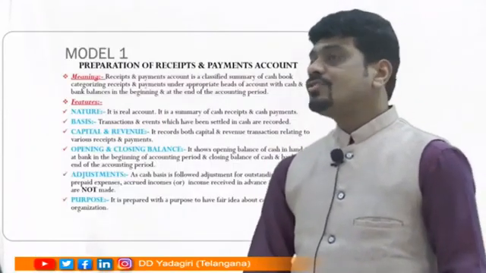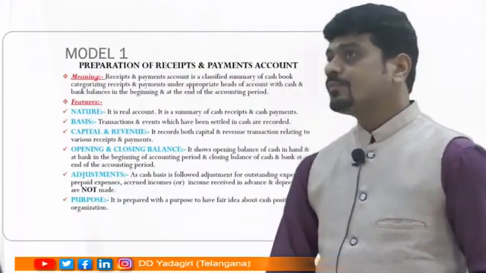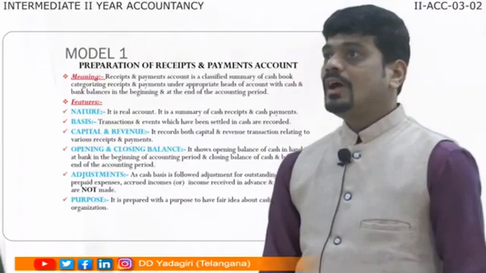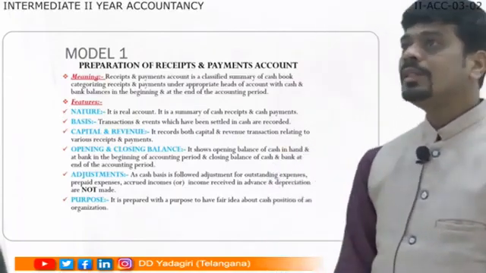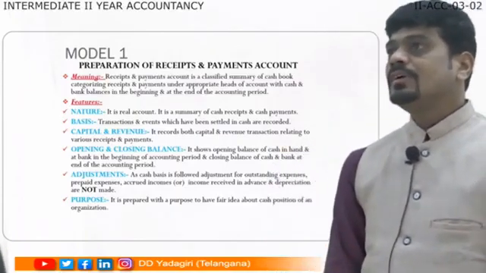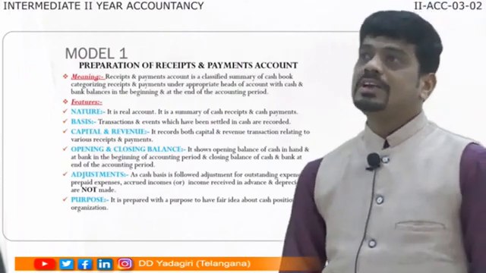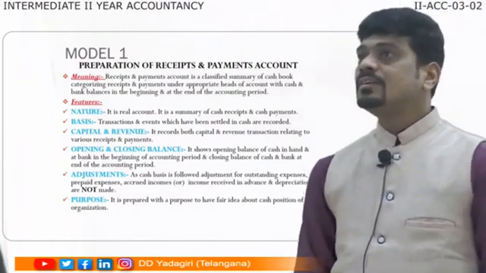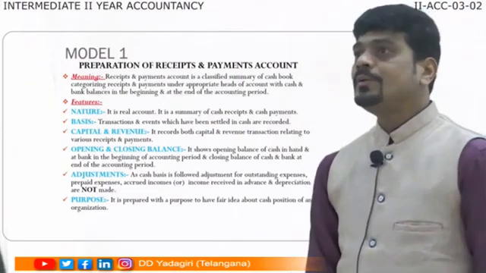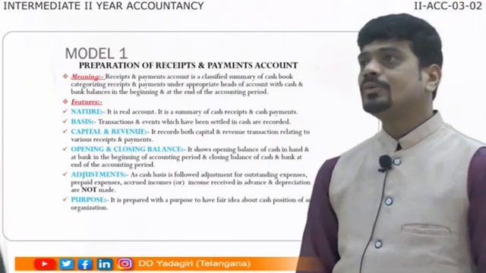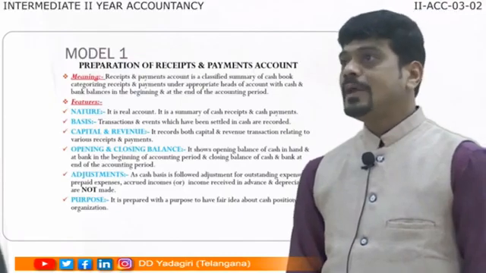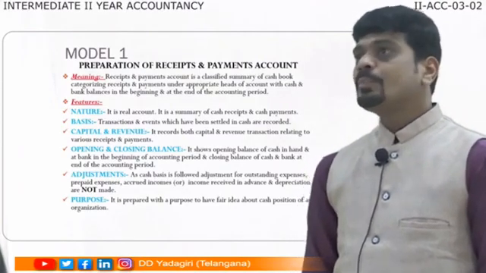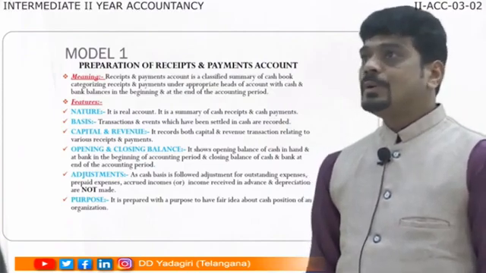To the second session of non-trading concern. In the previous session, I have discussed with you all the basic concepts with regards to the meaning of non-trading concern, the features of non-trading concern, and the most important part, which was all about the receipts and payments, that is the capital receipt, capital payment, revenue receipt, revenue payment.